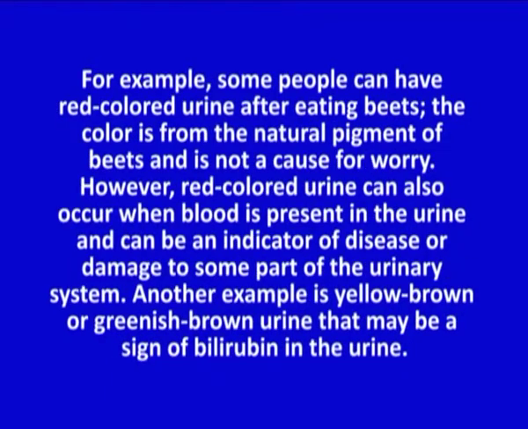For example, some people can have red colored urine after eating beets. The color is from the natural pigment of beets and is not a cause for worry. However, red colored urine can also occur when blood is present in the urine and can be an indicator of a disease or damage to some part of the urinary system. Another example is yellow brown or greenish brown urine that may be a sign of bilirubin in the urine.